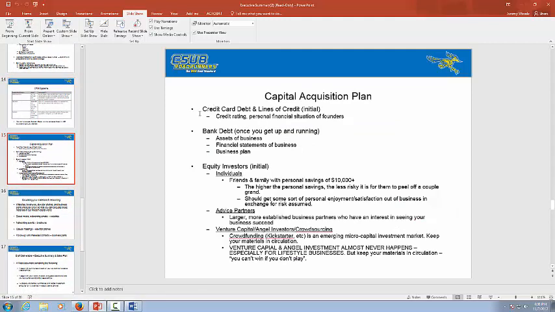Capital acquisition plan. Once you're done with this class, if you want to continue to try and create the business that you've been working on plans for in this class, there's a couple different sources of cash that are available that you could go for.